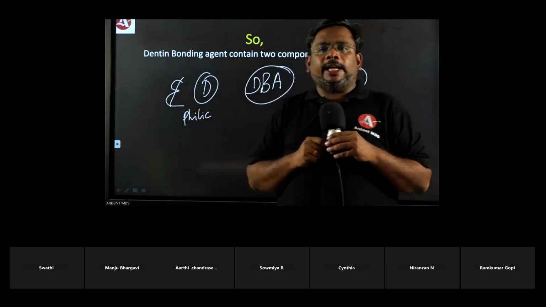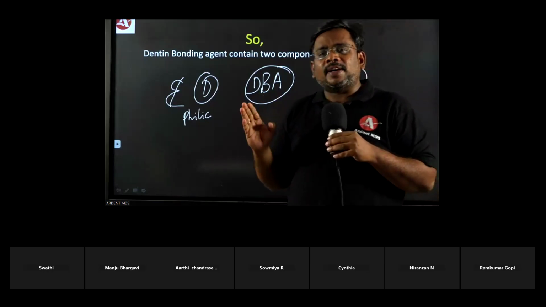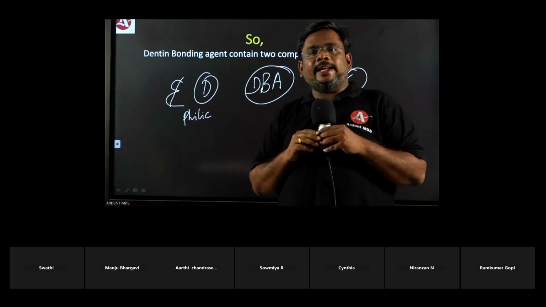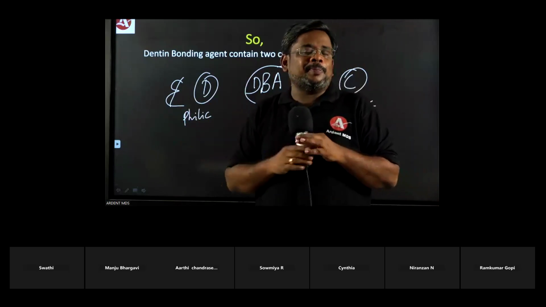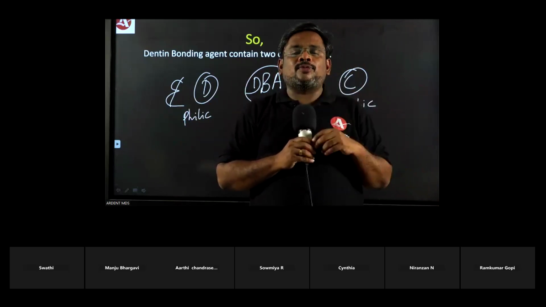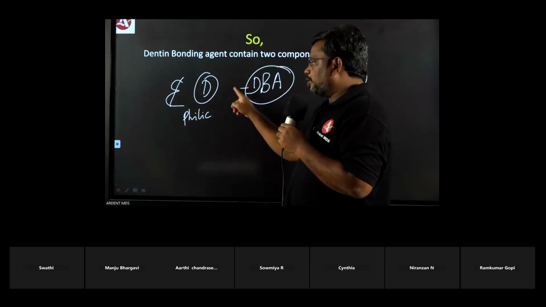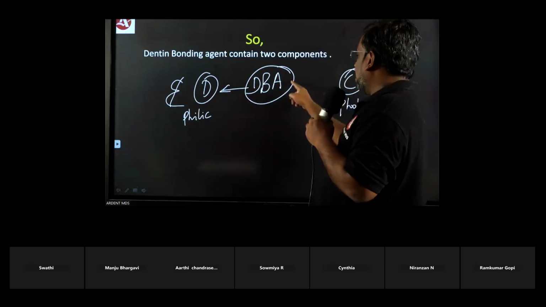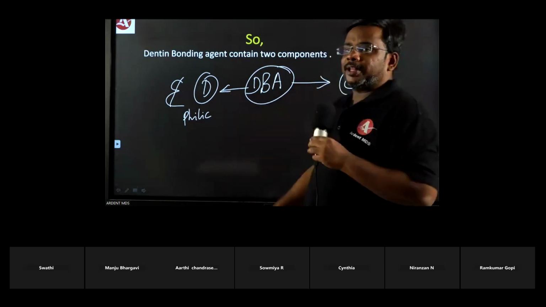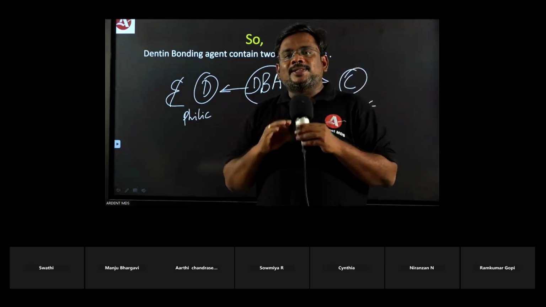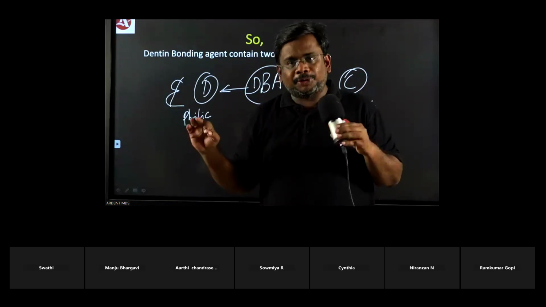This dentin bonding agent is bifunctional. On one side, it is a hydrophilic group; on the other side, it is a hydrophobic group. The hydrophilic group binds to the dentin, and the hydrophobic group binds to the composite. So the problem is solved.